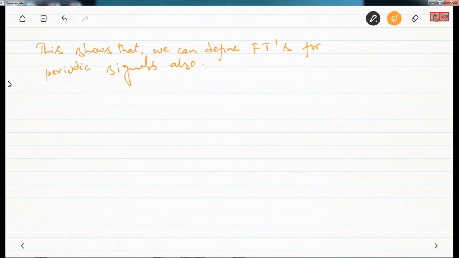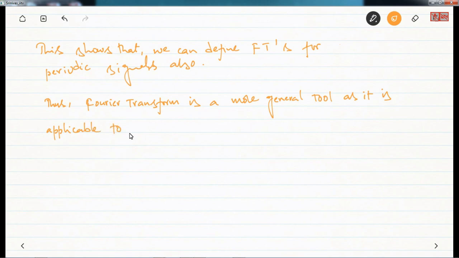So the Fourier transform is a more general tool, as it is applicable to both periodic and aperiodic signals.